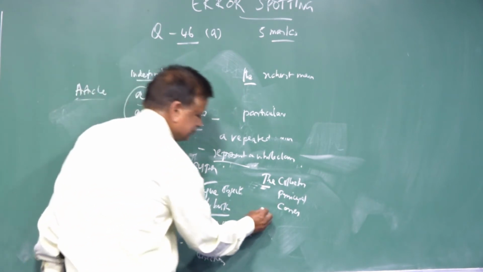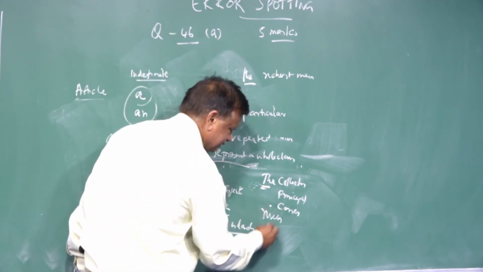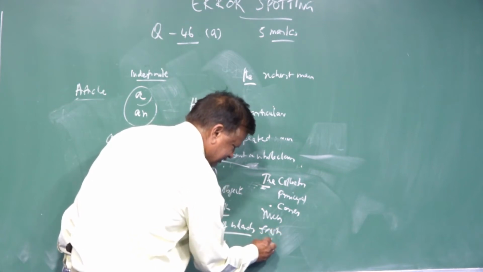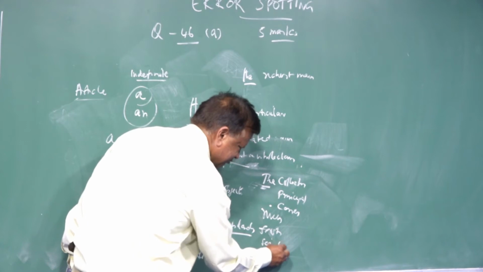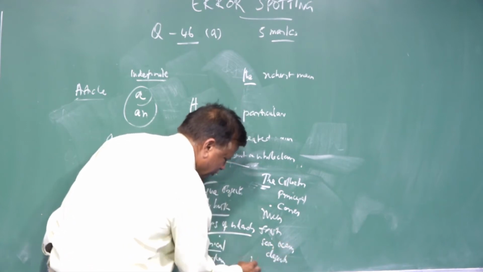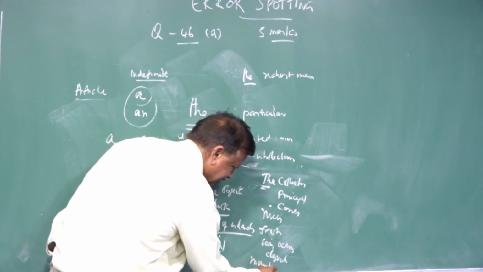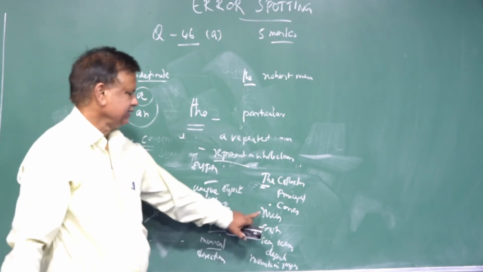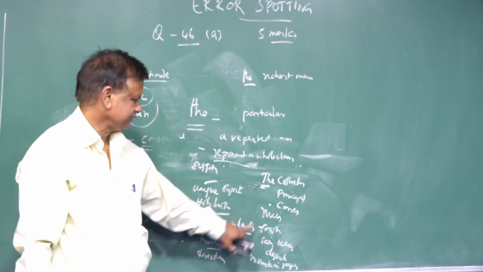Similarly, I use it before the names of rivers, forests, oceans and seas, deserts and mountain ranges. I say the Nile, the Ganges.